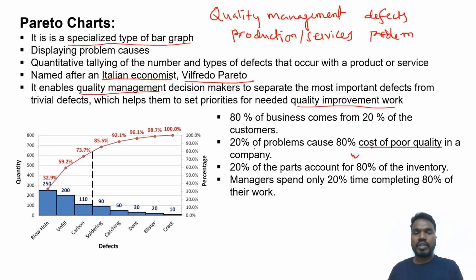So 80% of the business comes from 20% of the customers. 20% of the problems cause 80% of the cost of poor quality in a company, and 20% of the parts account for 80% of the inventory. Our managers spend only 20% of the time completing 80% of their work. Okay, so this is the famous Pareto rule, 80-20, or you can say 20-80, right?